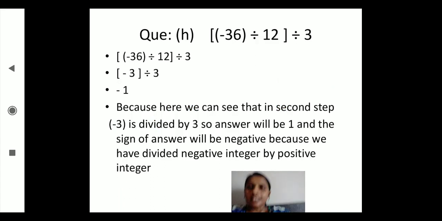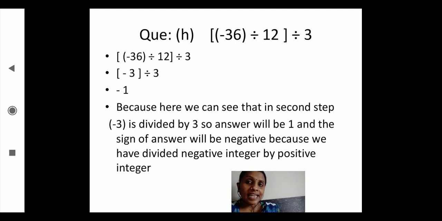Our third sum is (-36 divided by 12) divided by 3. Here we first have to divide the integers which are in the bracket, then move forward to divide by 3. So first we will divide -36 by 12, and our answer will be -3. Then -3 divided by 3.